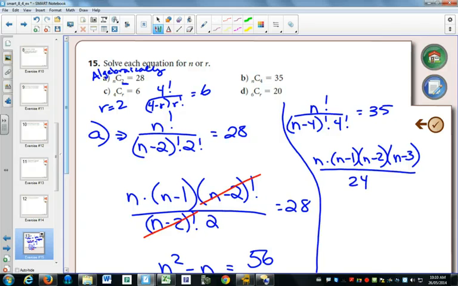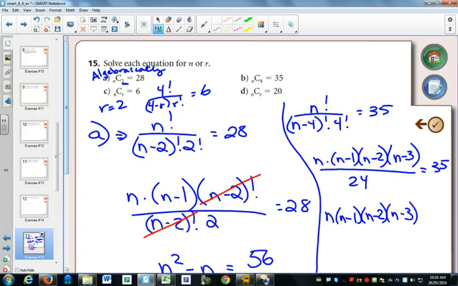And on the bottom I have 24 equals 35. If I expand that, I'm going to get an n to the power 4.